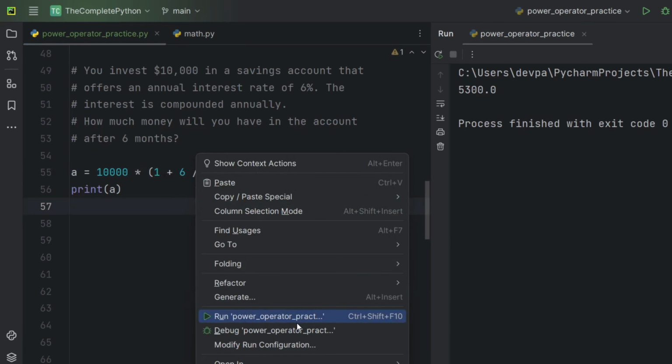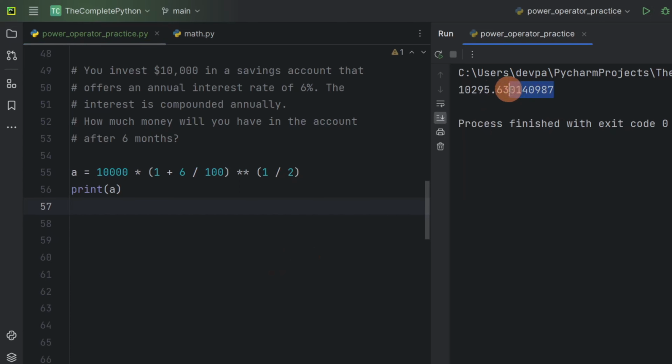Now if we run the program, you can see we are getting the correct result. So if we invest 10,000 rupees with the interest rate of 6% per annum, after 6 months, the total balance in our account will be $10,259.63.